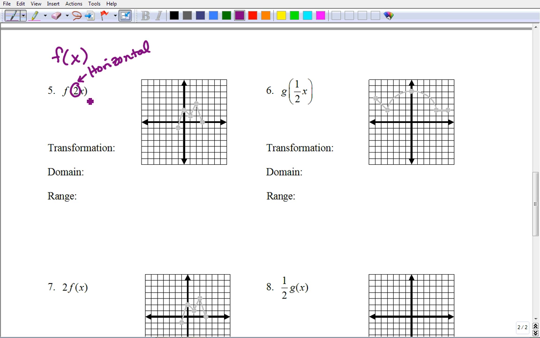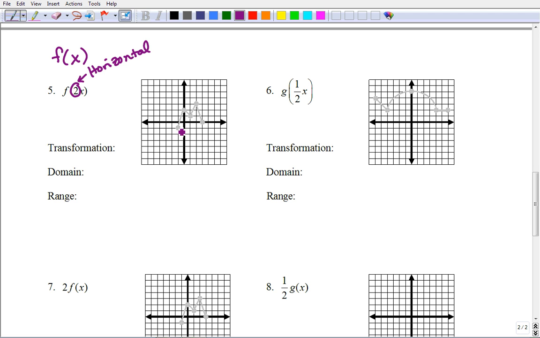But we're not really multiplying by 2, we're actually multiplying by 1/2, which is the same thing as dividing by 2. So because of that, let me just go ahead and start using the graph, and we'll talk about the transformation here in a second.